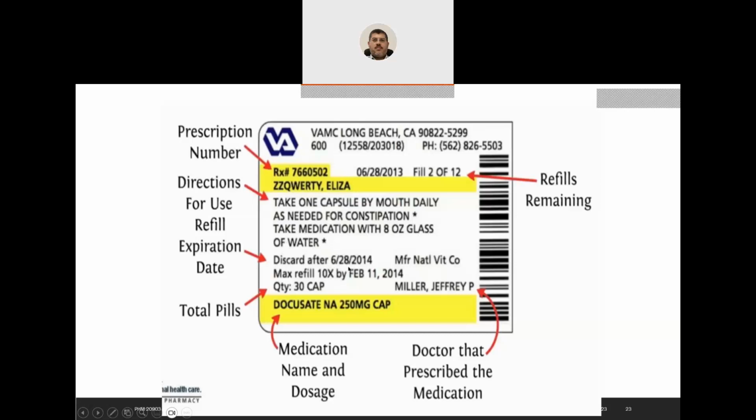Discard after this date, this expiry date of the medication. There's information about the refill and how many are included in the package, and how many have been dispensed. Okay, and here the number of refills, maybe here allowed up to 10 refills. If he comes again for a refill, then you print a new label, and it is mentioned here what the refill number is. Okay.